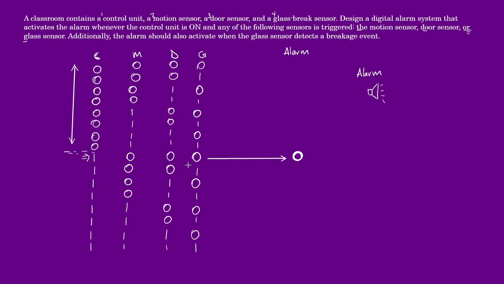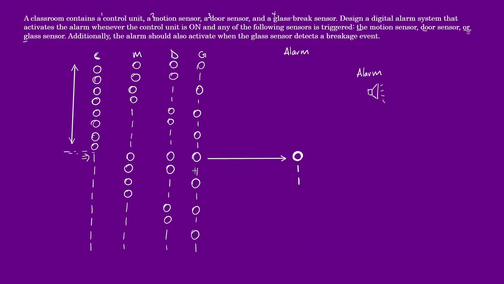But for every other scenario, in this case, the glass sensor is on. By on, I mean it detects a breakage. So 1 for the glass sensor means it detects a breakage, 1 for the door sensor means the door is being opened, and 1 for the motion sensor means there's motion in the room. Here the glass sensor is on, so we can write this high. Here the door sensor is on, we can write it high.